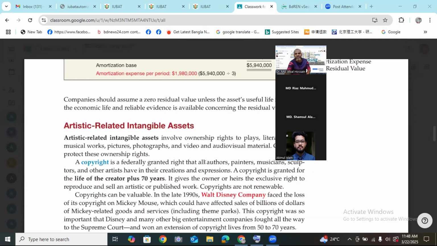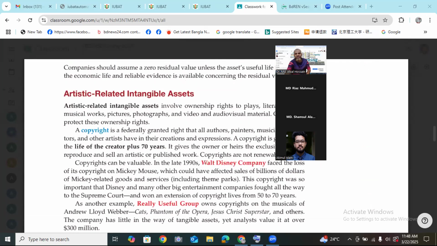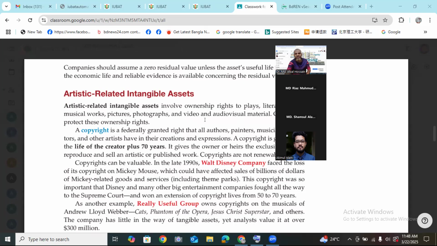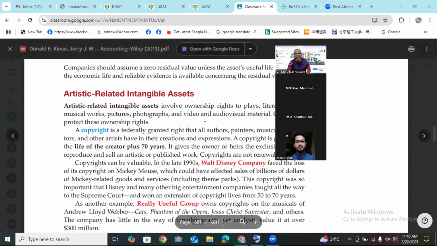Now come to the third category, artistic related intangible assets. What is this? These are literary works, musical works, pictures, photographs, video, and audiovisual material.